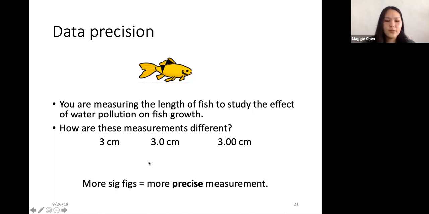So the more sig figs that we're given, the more precise the measurement. So that means that our 3.00 centimeters is the most precise measurement out of the three.